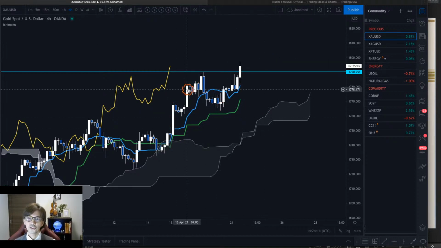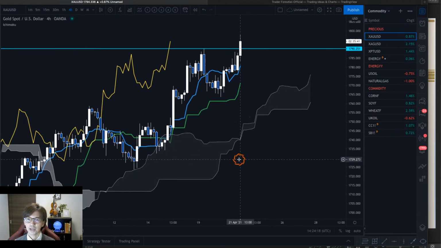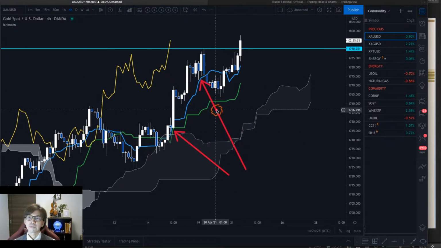In this condition, I mentioned that the market was supported by the Tenkan-sen previously. Exactly from this bearish candlestick to the bullish candlestick, I simply stay away.